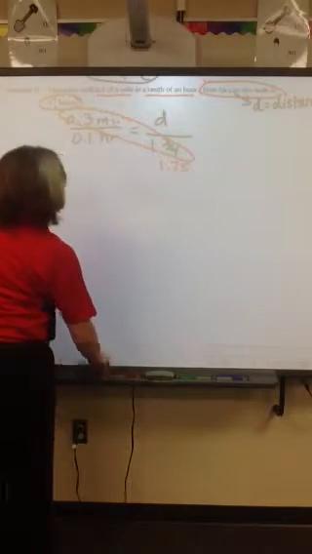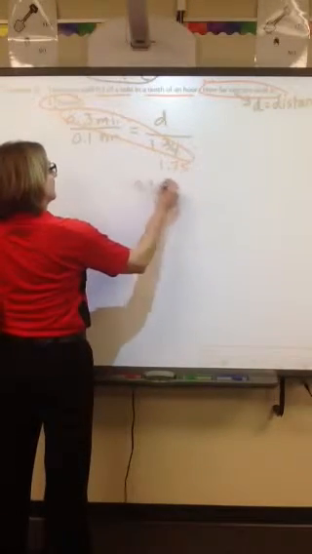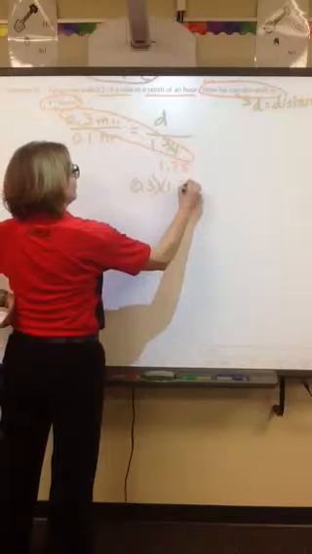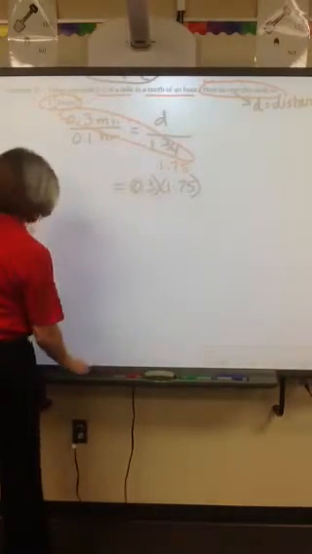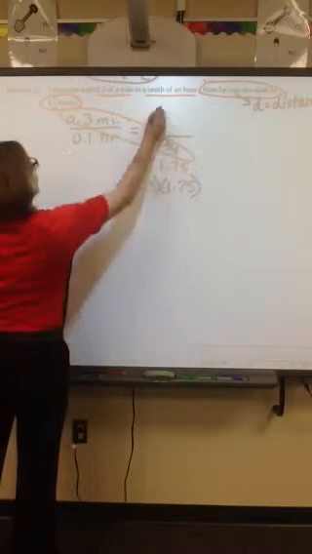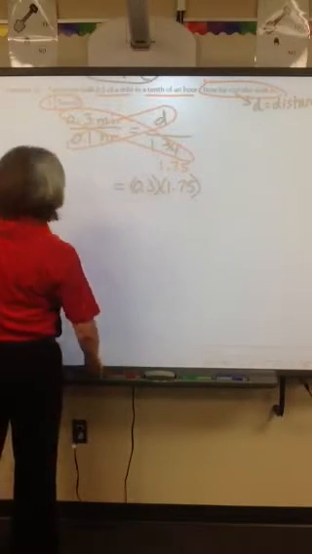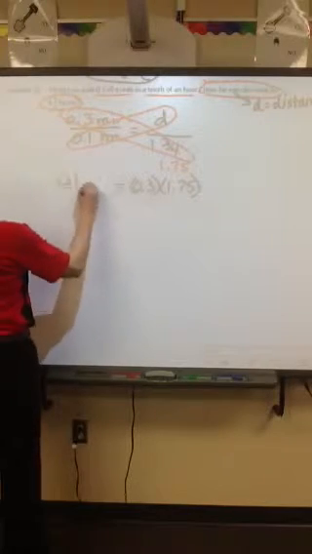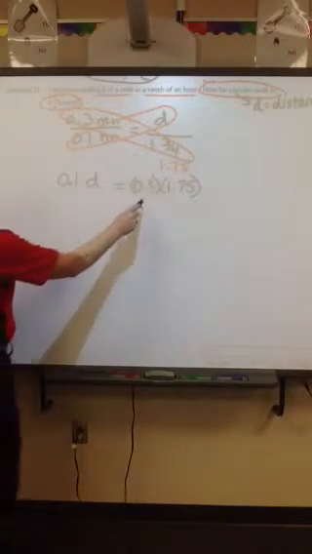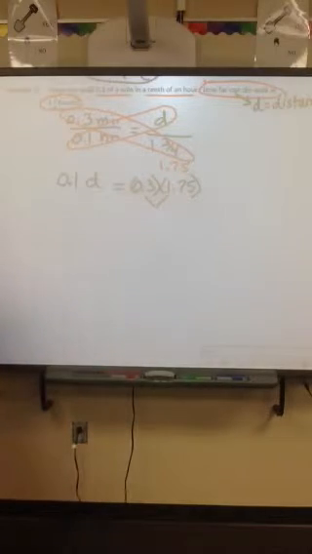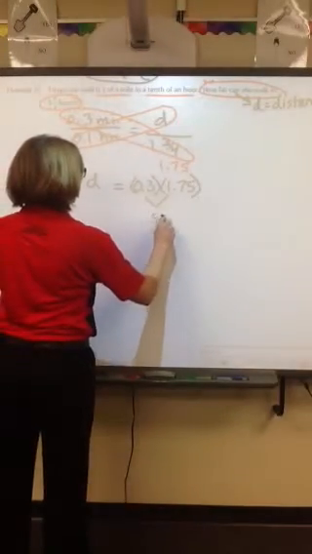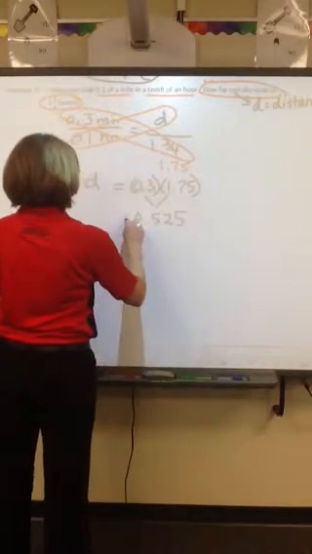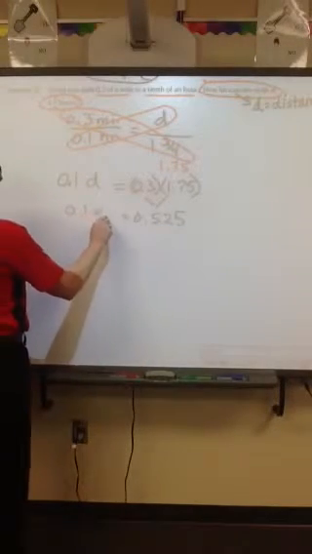So 3/10 times 1.75, and on the other side we have D times 1/10, which will be 1/10 D. And now we're going to multiply 3/10 times 1.75, which is, let's see, 0.525, so 525 thousandths. And we've got 1/10 D on this side.